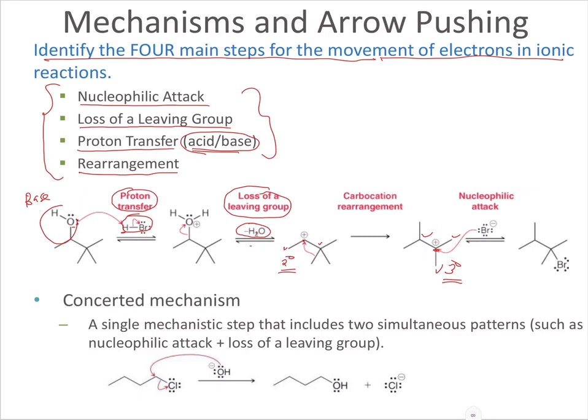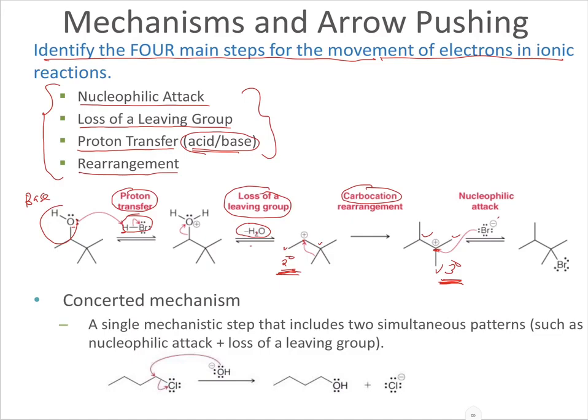So if there's a possibility of transforming a secondary carbocation to a tertiary carbocation, then that rearrangement is going to occur because tertiary carbocations are more stable than secondary carbocations. And then after that we can have a nucleophilic attack.